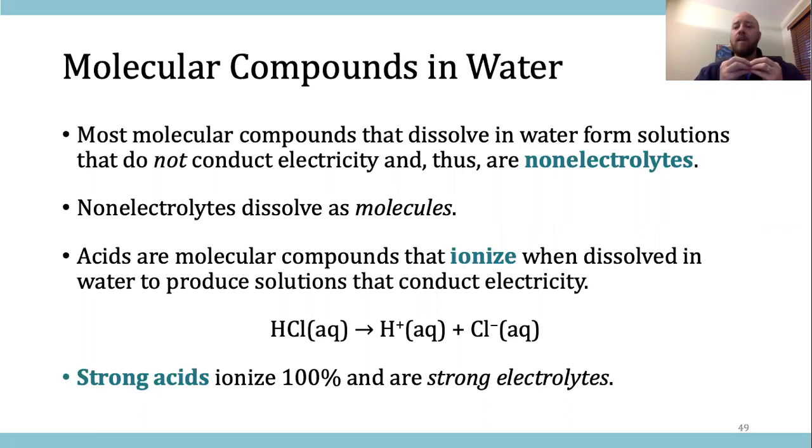For acids and bases, this does not mean anything about how dangerous they are. It does not mean anything about how corrosive they are, okay? HF, hydrofluoric acid, is a weak acid, all right? But it is extremely dangerous. It is incredibly corrosive. Most chemists don't really want to deal with it if we can avoid it.